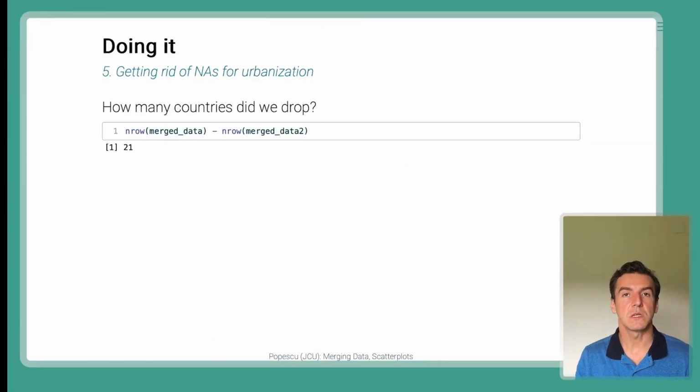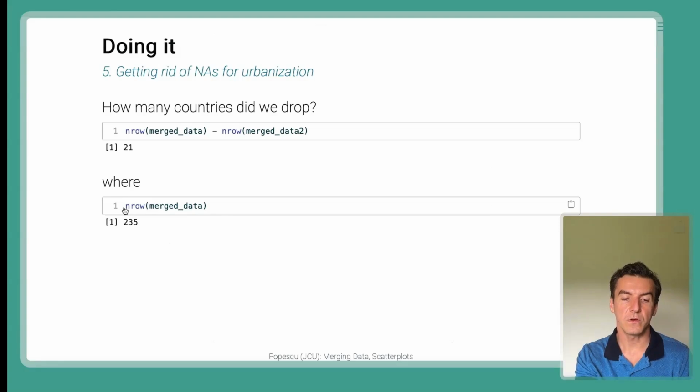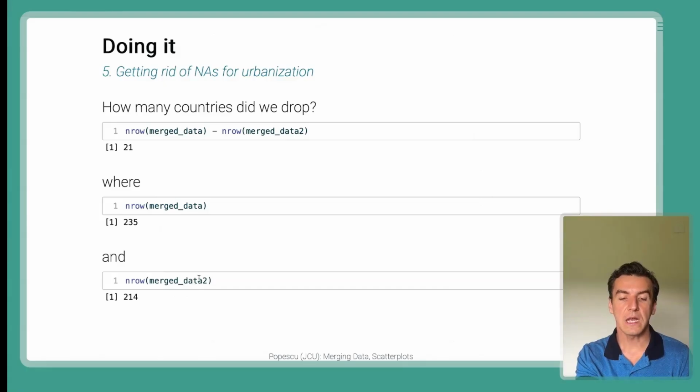We might also be interested in understanding what were the countries that we dropped. This is exactly the point of this command: nrow merge data minus nrow merge data 2. The merge data, the original one, has 235 observations. The second one, the one in which we removed the NA values, essentially the ones that had missing values for urbanization, has 214 observations.